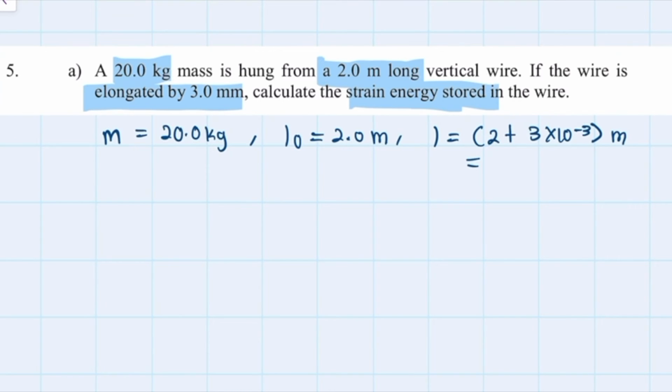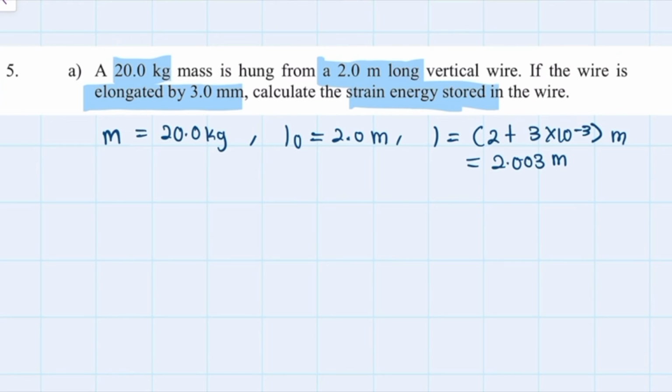Because the initial length is 2 and the wire is elongated by 3, so you need to add 3 times 10 power negative 3. Change the 3.0 millimeter to 3 times 10 power negative 3. Then you will get 2.003 meter.